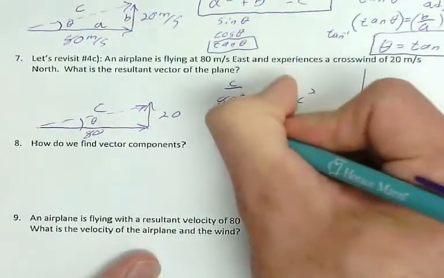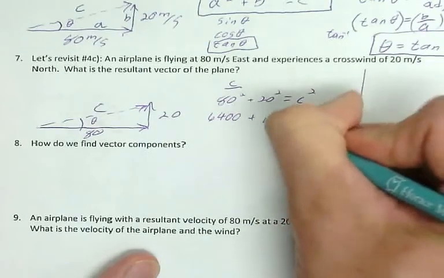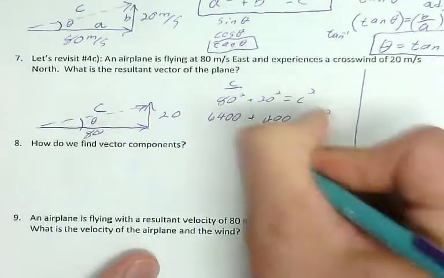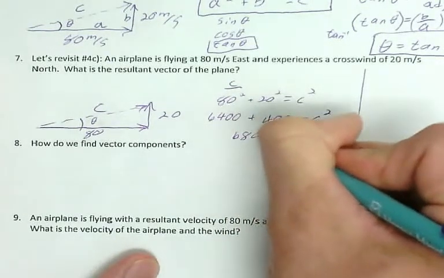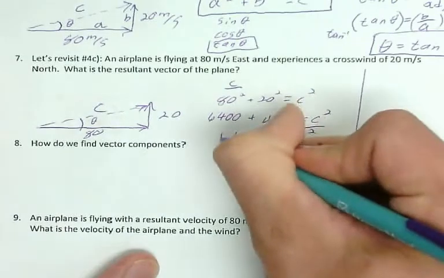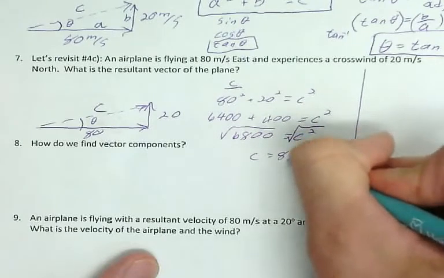So 80 squared is 6,400. 20 squared is 400. That's equal to c squared. Add those up and you get 6,800. Square root both sides, and you get c equals 82.5.